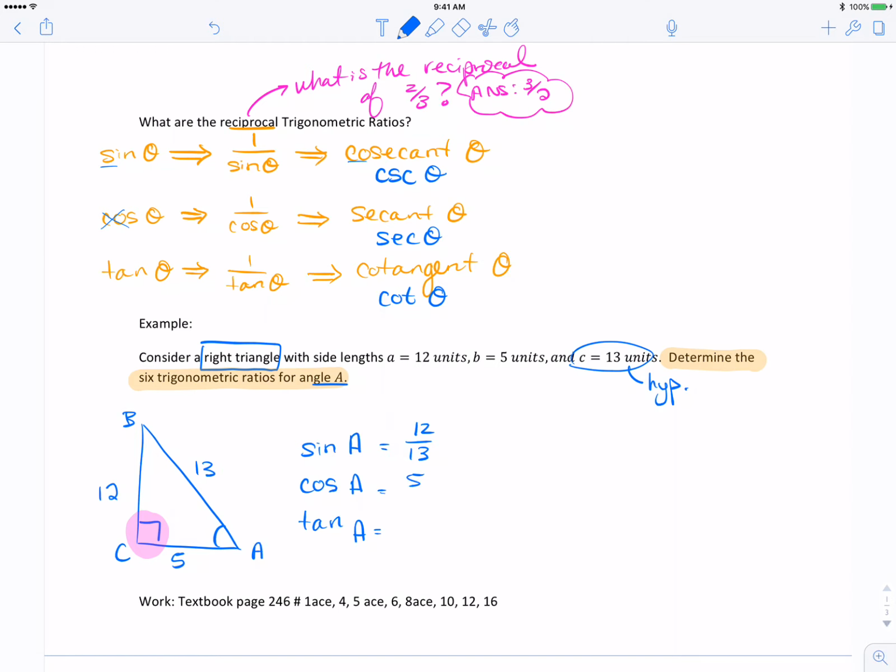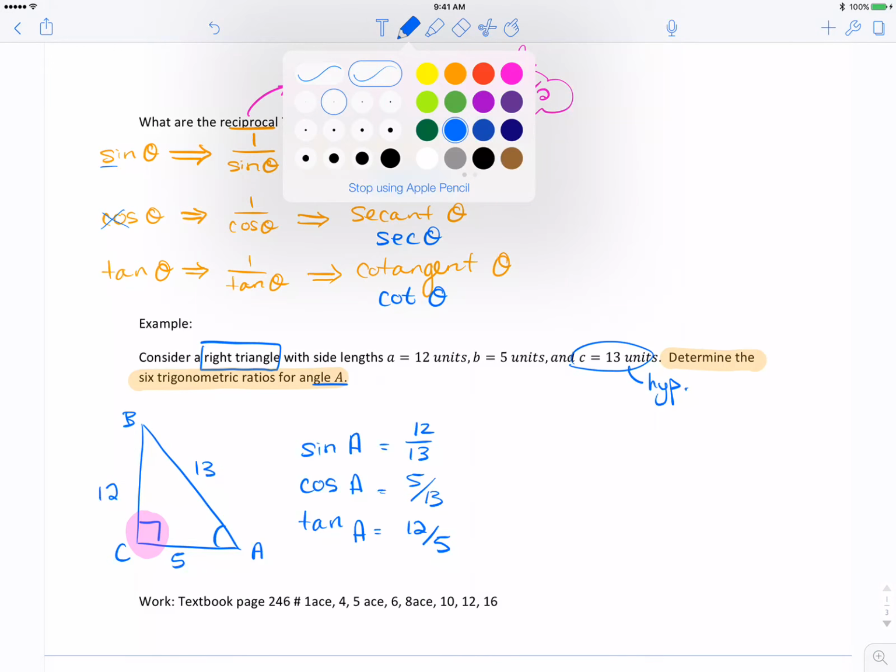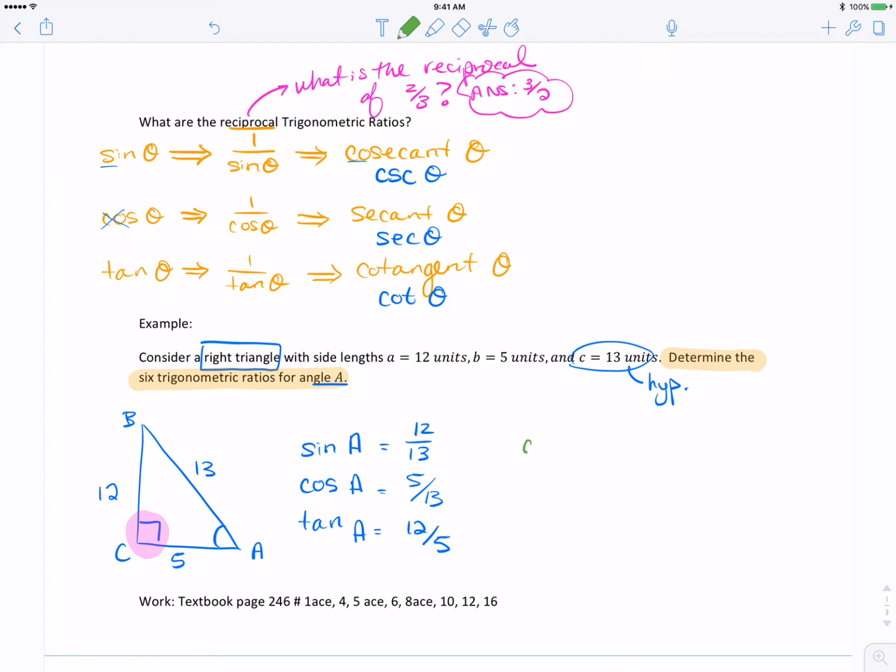Cosine, adjacent over hypotenuse. And tangent, opposite over adjacent, 12 over 5. Which makes the reciprocal functions, remember cosecant of A, secant of A, and cotangent of A, the reciprocal: 13 over 12, 13 over 5, and 5 over 12.